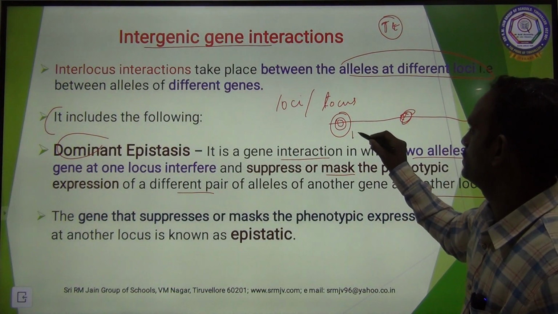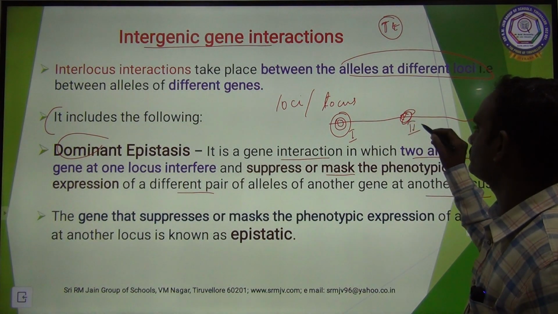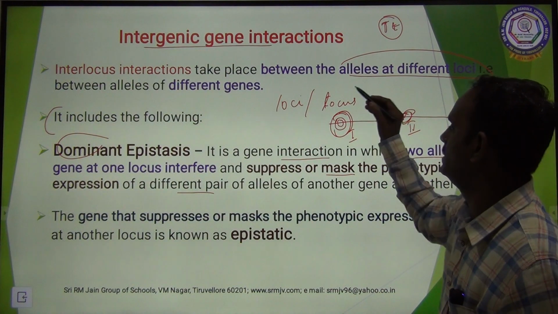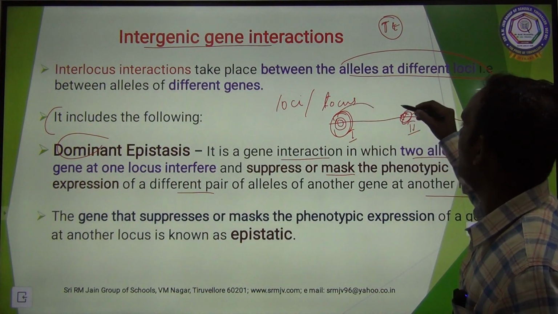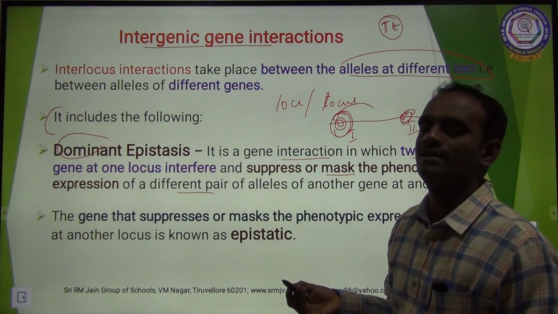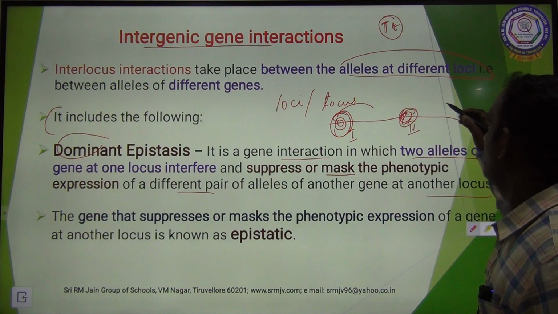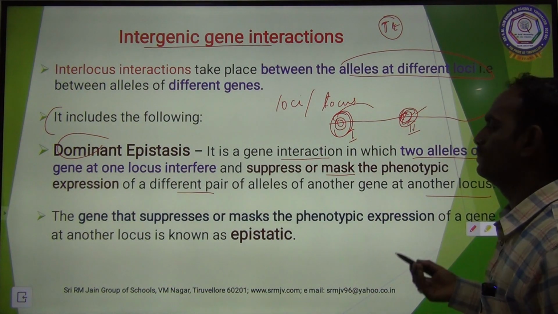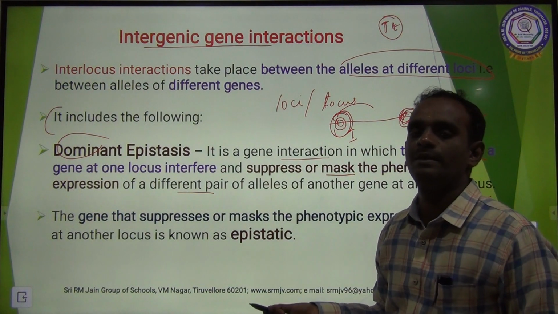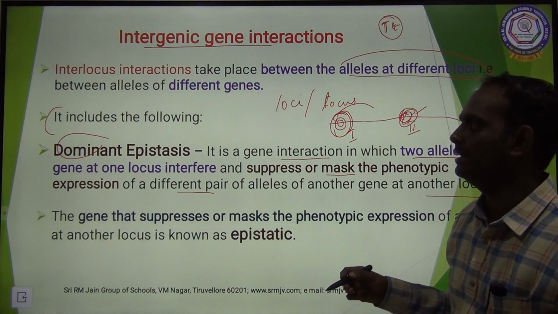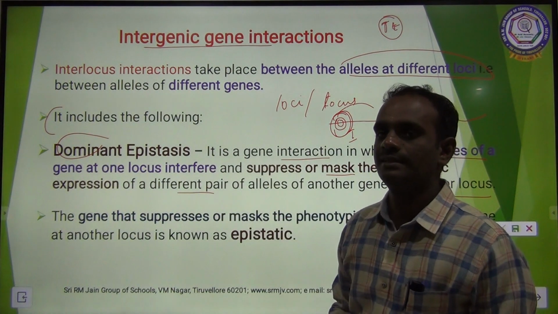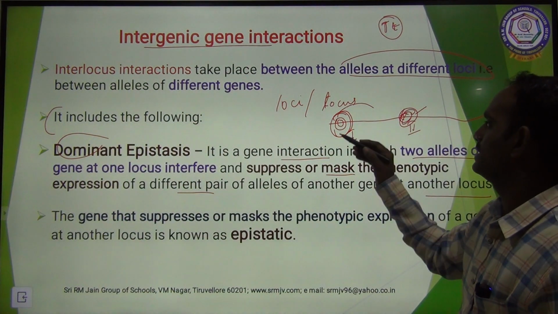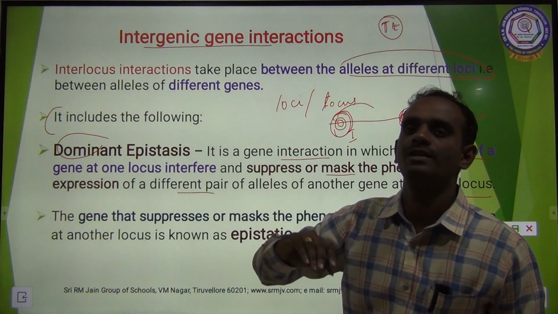So, this is locus 1, this is locus 2. This particular gene interferes and suppresses, masks the other gene to form a different phenotypic expression. Again, I am telling, dominant epistasis is the gene interaction between two different genes.